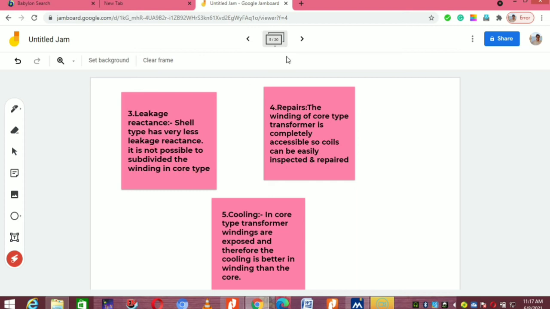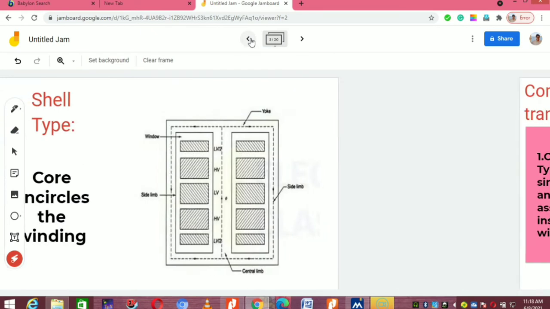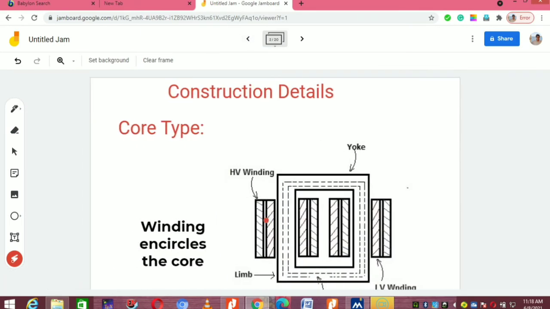It is not possible to further subdivide the winding. See the figure. Half of the LV winding and half of the HV winding we are placing. We are able to reduce the leakage flux up to some extent, but further we cannot subdivide the winding.